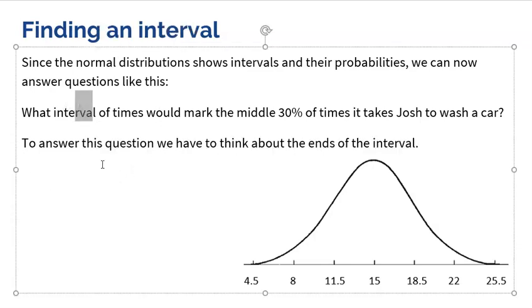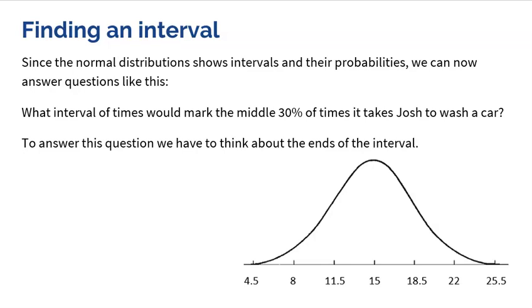So to answer this, I really have to think about the interval. I have to think about the ends of the interval. So if I think about the times it takes Josh to wash his car, right? Here's 0 all the way to 100, 100%, right? I'm talking about probability here. We're looking for the middle 30%. Now, what I have to understand is just, think about this. The middle 30% leaves 70% on the outside.